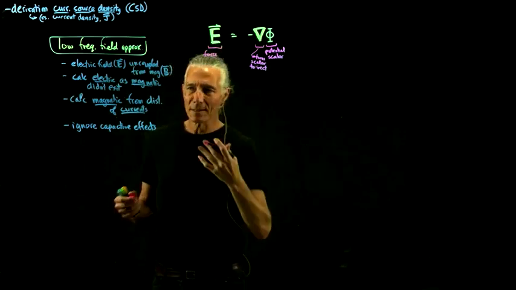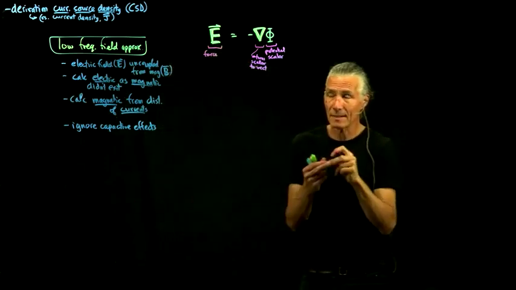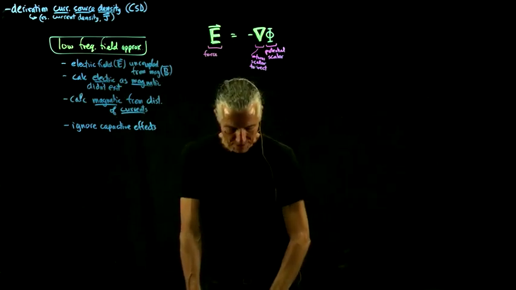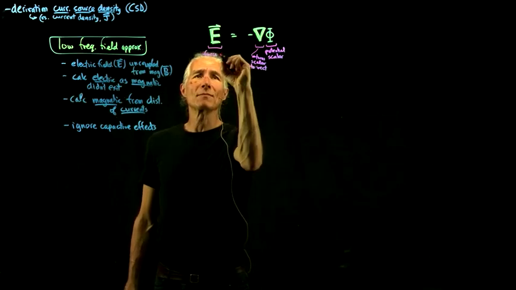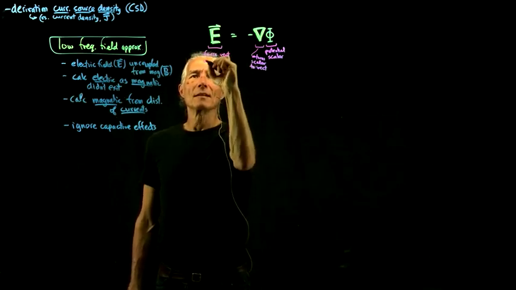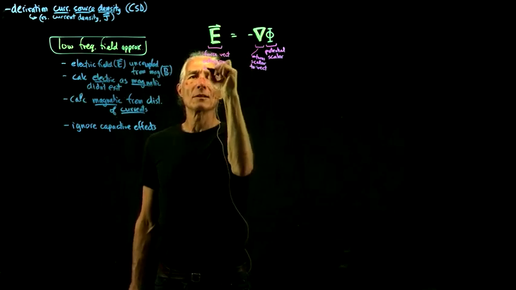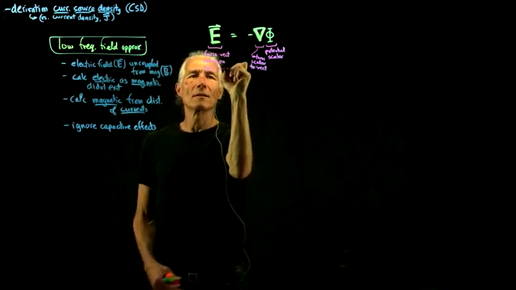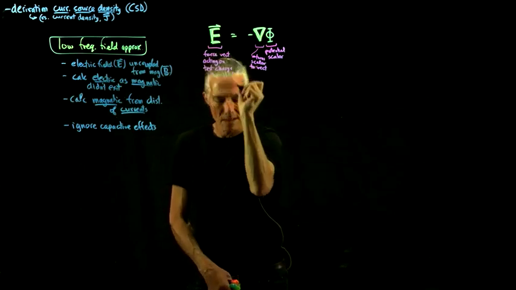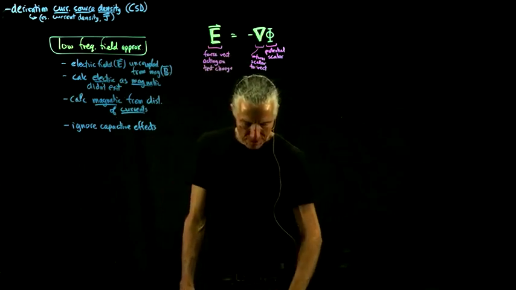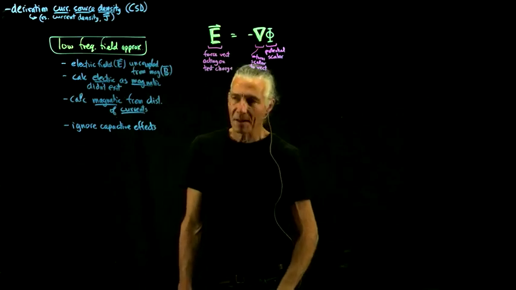Remember, the force is also a vector. It has an amount in a particular direction. So this is the force vector acting on a test charge. So if we put a test charge in there and see what the effect is.